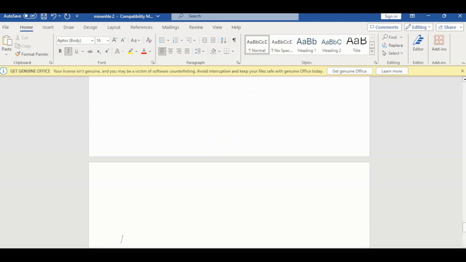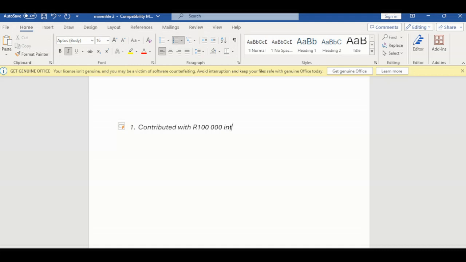We analyze the transaction. Maybe the transaction says the owner of the business contributed, with how much money, maybe 100,000 into the business.